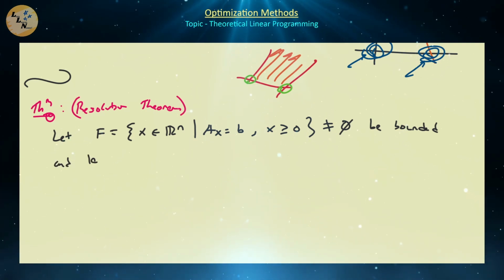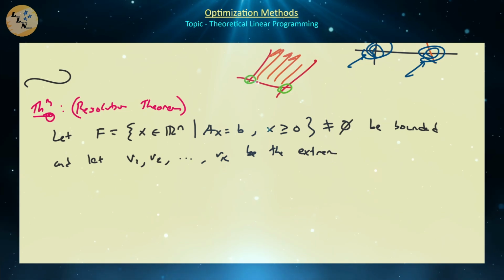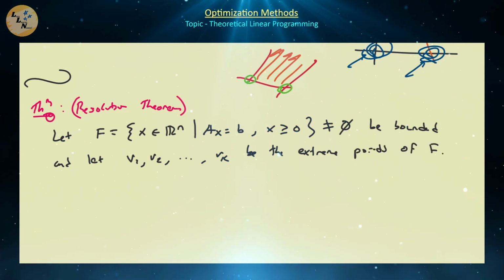And let V1, V2, down to say Vk, be the extreme points of the feasible region F, right? So let's assume we have a bounded region, and since it's a bounded region of half spaces, there should be a finite number of extreme points. Let's call them V1, V2 down to Vk.